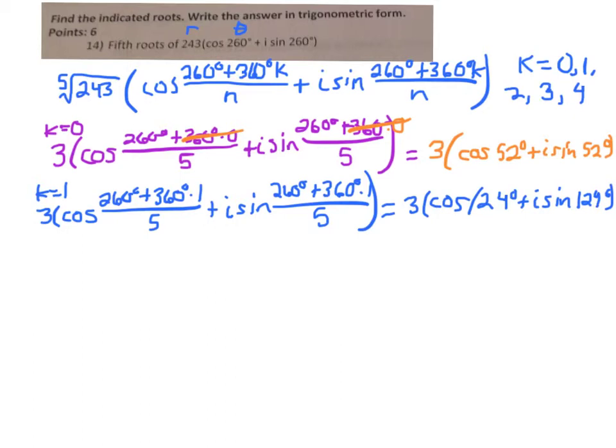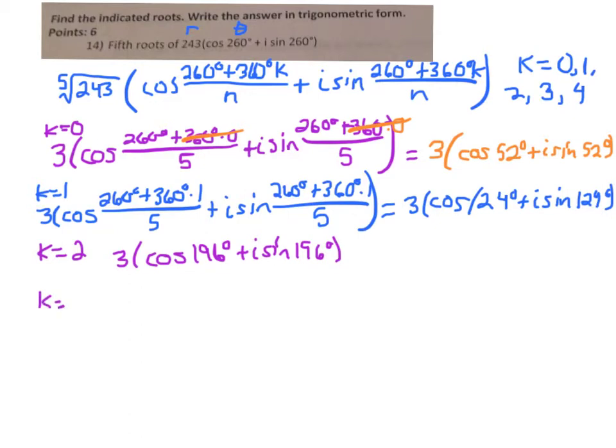Now, k equals 2, k equals 3, k equals 4. It's going to work out the same way. So once you plug in the 2 and simplify, for k equals 2, you'll get 3 cosine 196 plus i sine 196.